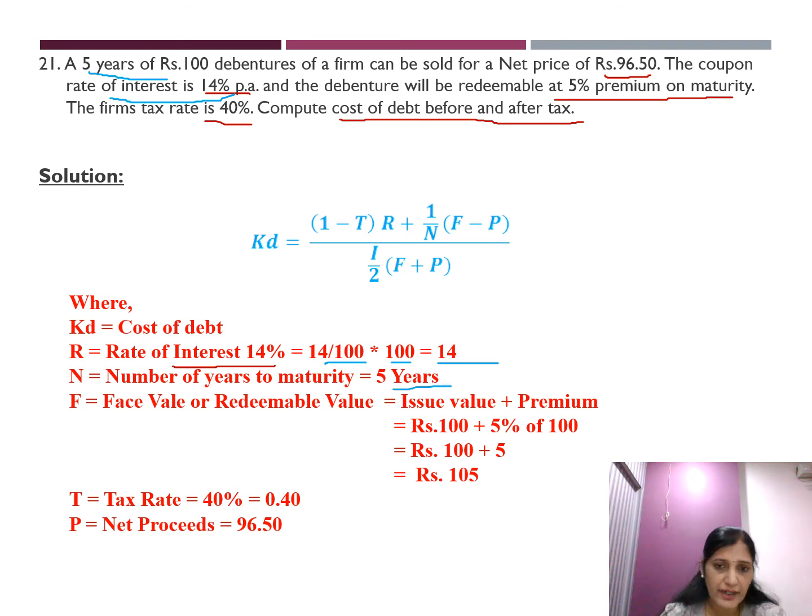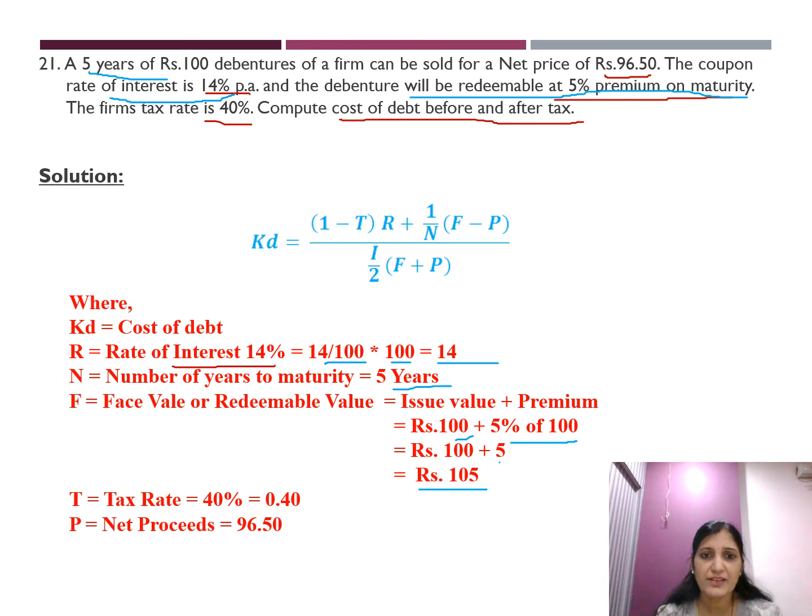Face value or redeemable value, that is issue price plus premium. Here it is given the debenture will be redeemed at 5% premium on maturity. So issue price is 100 plus 5% of 100, that is 5. So the face value will be 105.